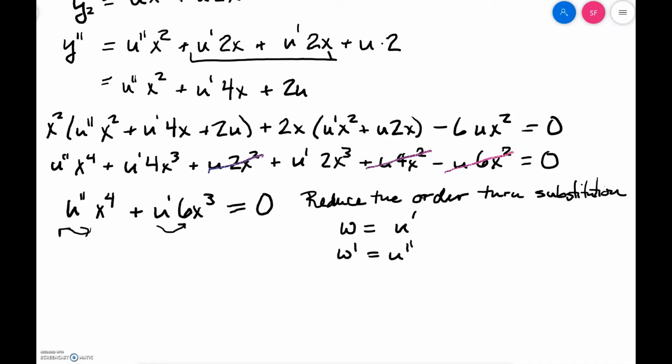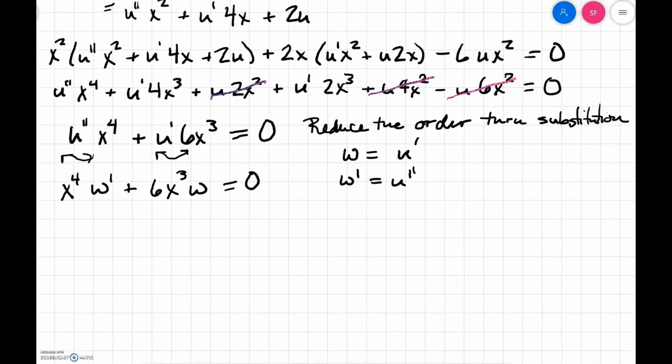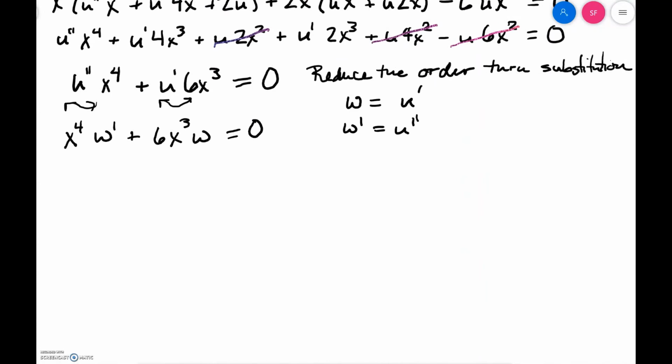Now I've got x to the fourth w prime plus 6x to the third w equals 0. It may not be that easy to see, but this is actually a linear first order differential equation.